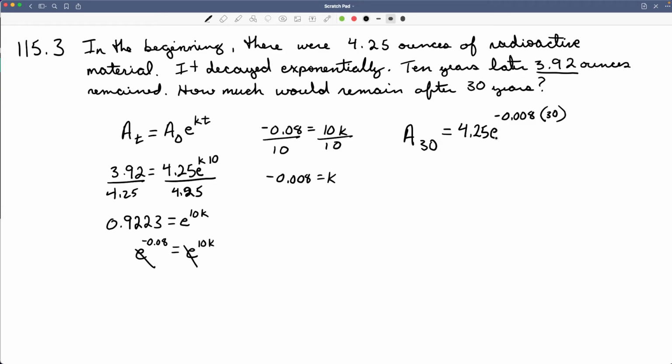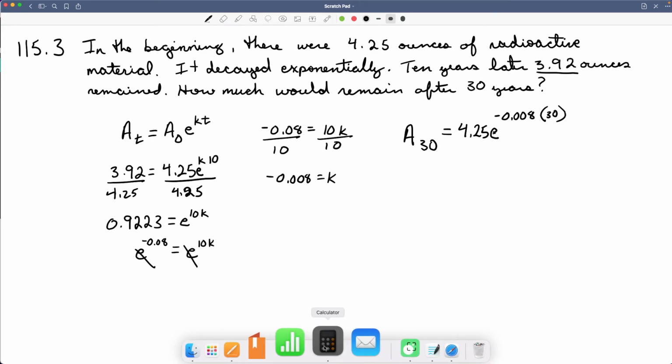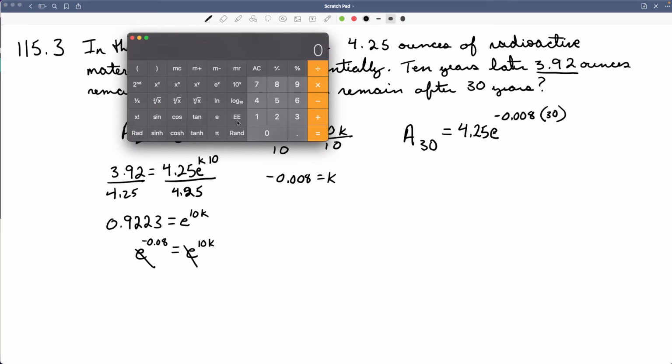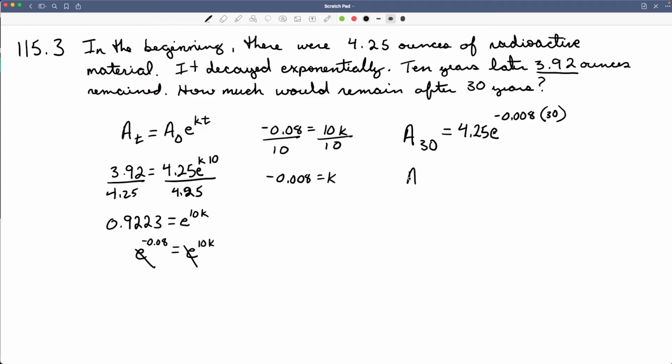Oh, I forgot my e, sorry. So let me go in here and get my calculator. 0.008 negative, you can do that with a little integer button here, times 30 is negative 0.24. So the amount in 30 years is equal to 4.25 with the log e at negative 0.24.